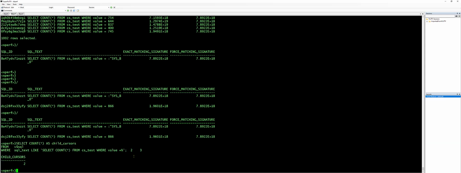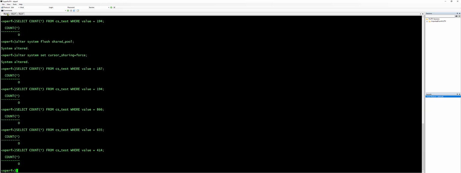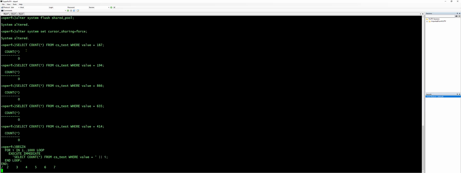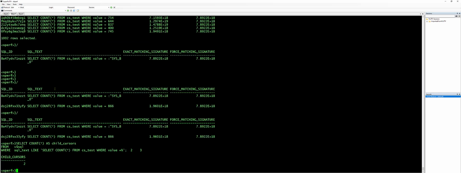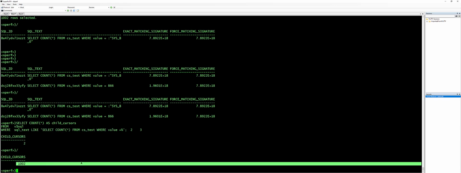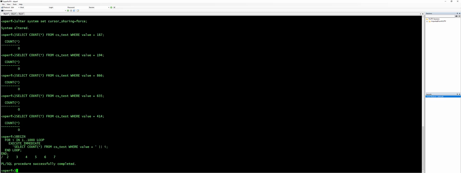If you had seen the previous session, the previous shorts video, there were 1000 child cursors. Or let me do one thing: let me re-execute the procedure. Now if you see, there are almost 1000 child cursors for the procedure. When I execute this with the PL/SQL procedure, Oracle is not able to share the cursor for some reason.